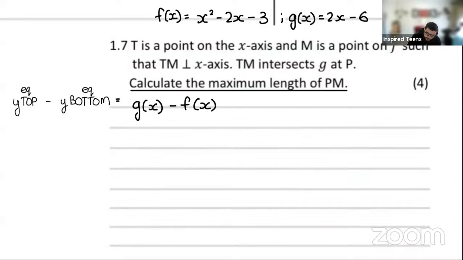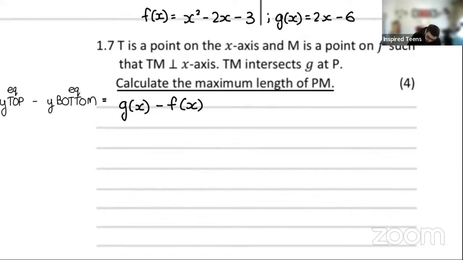The G of x equation is 2x minus 6, and we're going to subtract. Because we're subtracting, please use brackets, otherwise you will get it wrong. Minus open brackets, x squared minus 2x minus 3.